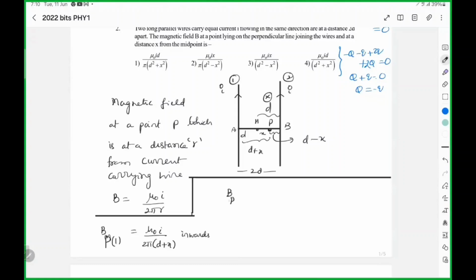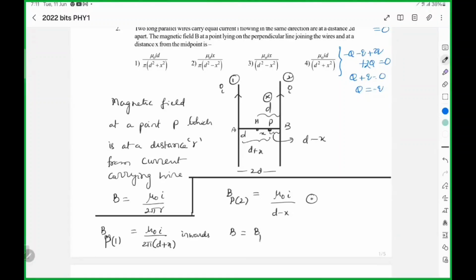Magnetic field at P due to the other current carrying wire, the second wire, is mu naught I by 2 pi into d minus x. Put the thumb in the direction of flow of current, curl the fingers at that point. It shows the upward direction.